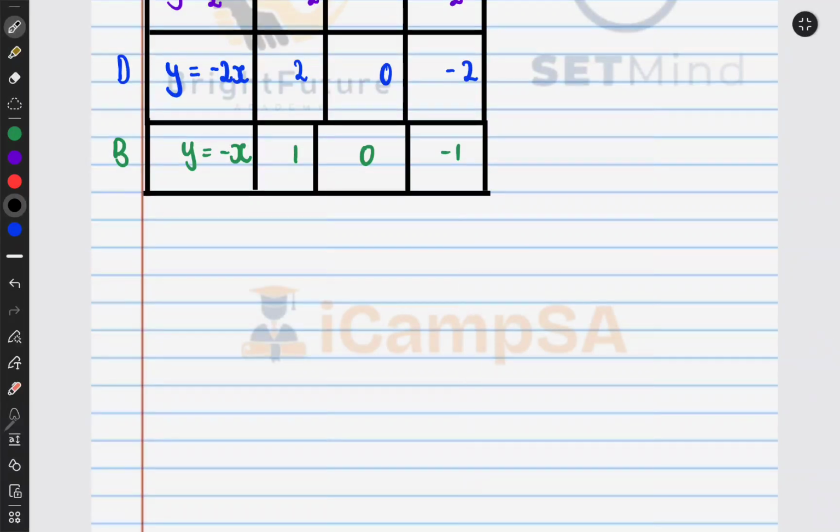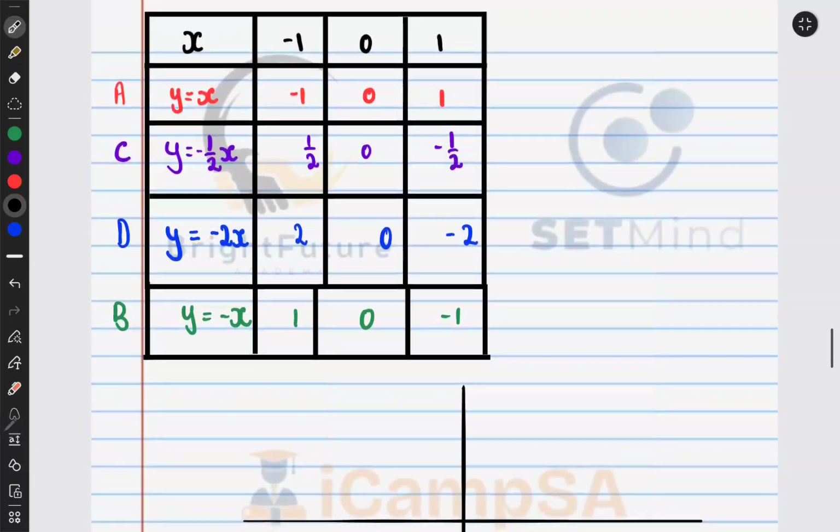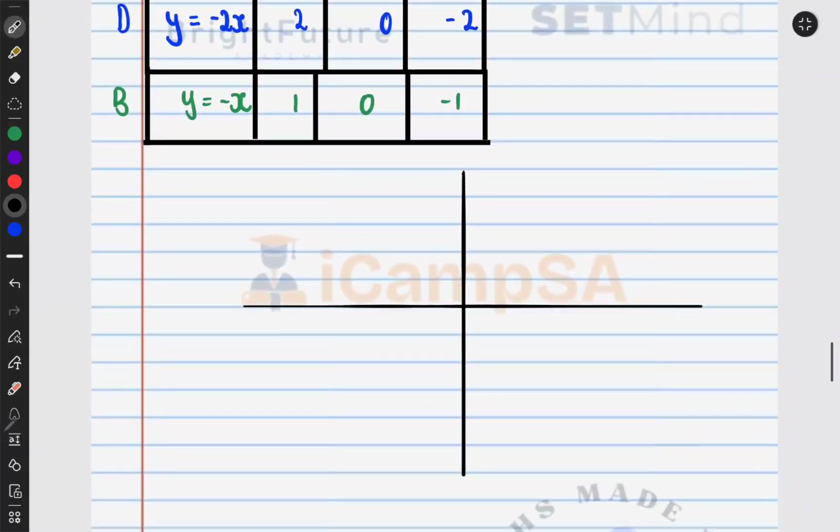Now I want you to pay attention to what happens when we are now dealing with the negative values of x. These are your y axes and these are your x axes. It is good practice to always label your x and y axes.